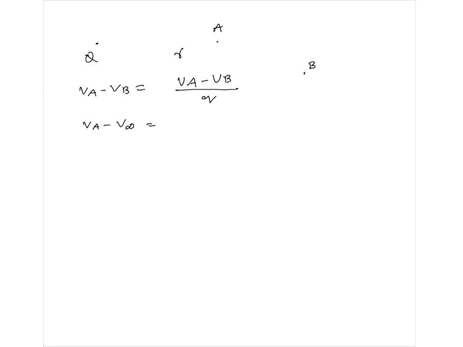So we are basically calling B as infinity. Following the convention, V infinity is 0, U infinity is 0.